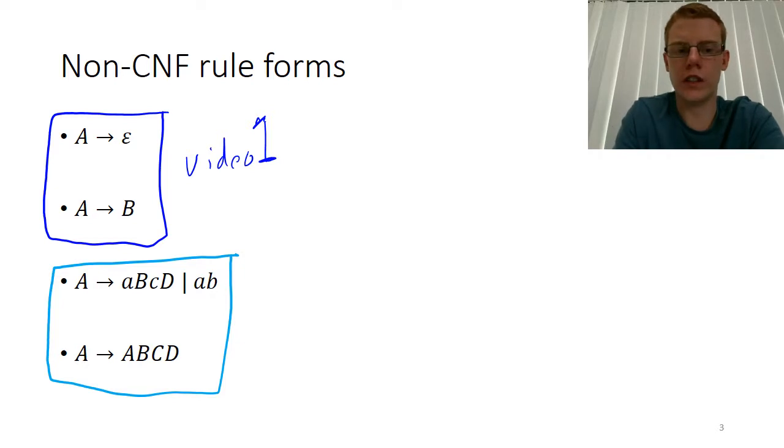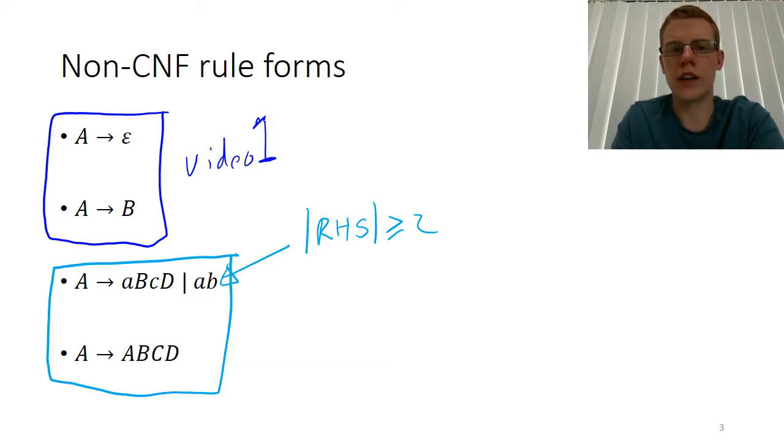The first kind are rules where the length of the right-hand side is greater than or equal to 2, and where the right-hand side has some elements from sigma, the terminal alphabet. That could be rules that only have elements of sigma, or rules that have a mix of terminals and non-terminals.